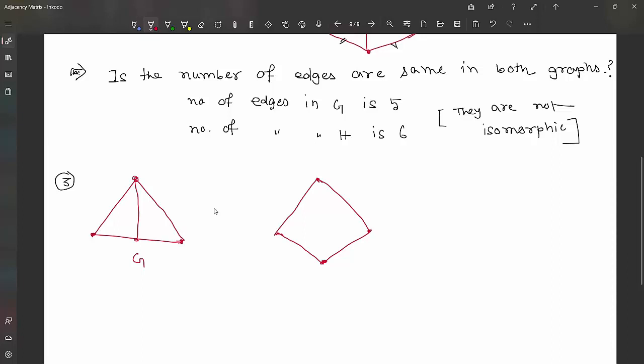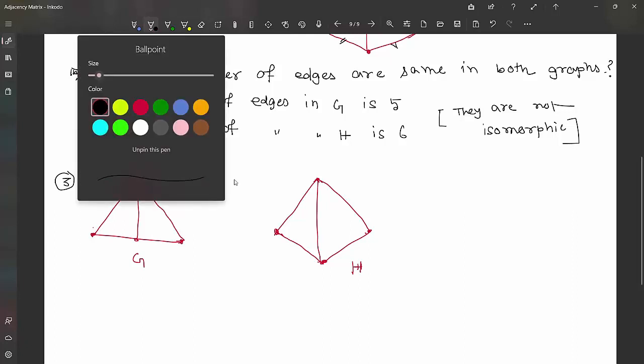If we draw this by a line, now you can see that the total number of vertices is 1, 2, 3 and 4. So here also 1, 2, 3 and 4. So the number of vertices are the same. So this is H.